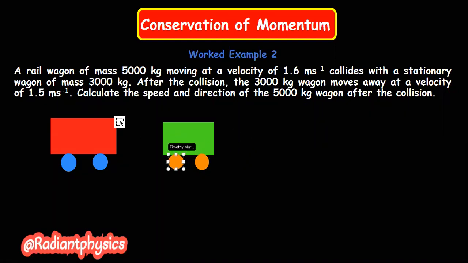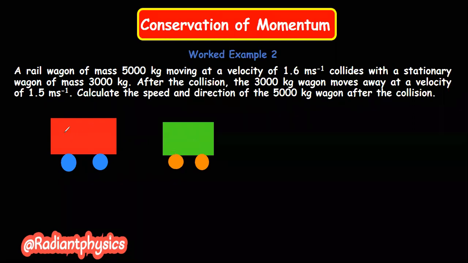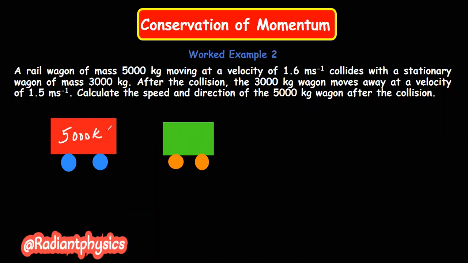All right, let's go back. A rail wagon of mass 5,000 kilograms, so this one is 5,000 kilogram, and then the second one is 3,000 kilograms, so we can write that here.